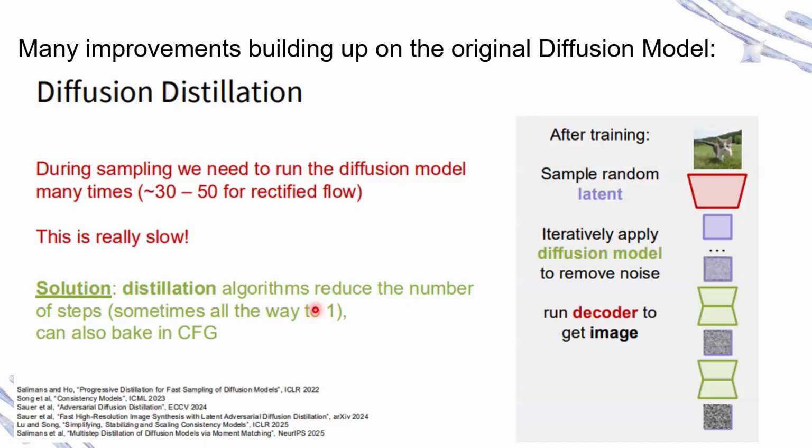And if we can sometimes reduce it all the way to just 1 step, then that's spectacular. We don't have to do so many steps anymore. And so that is the latest improvement on diffusion models for image generation.